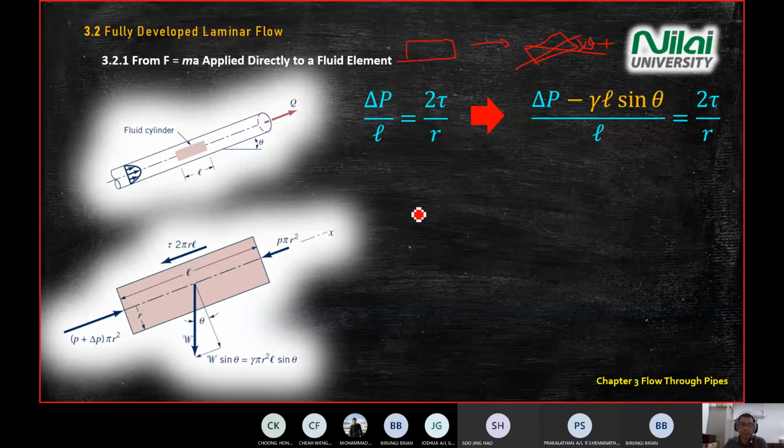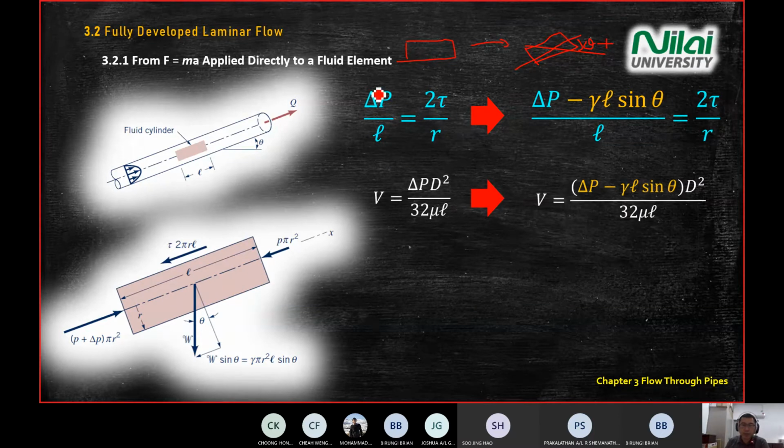You can prove this equation by equalizing all the forces, like what we did for delta P just now. I just don't want to go back to all the derivation. All right. So for question 15, we do some modification on the equation. The first one is the ratio between delta P and L. So if we have an uphill, we use this one.